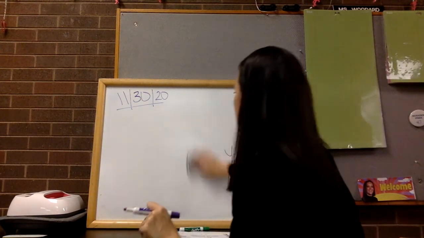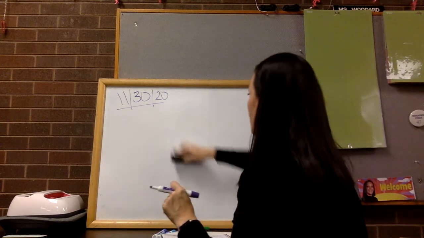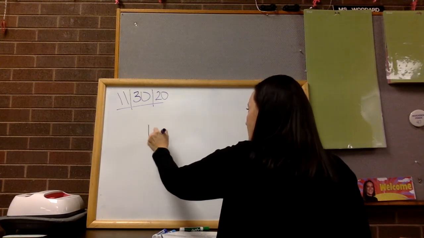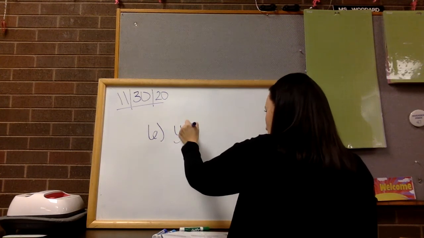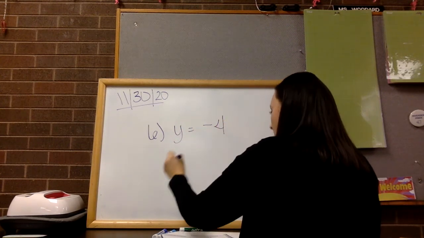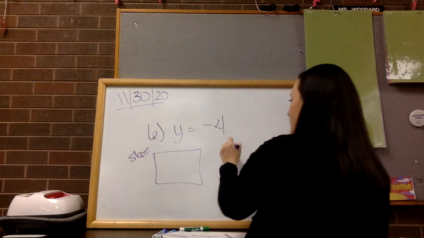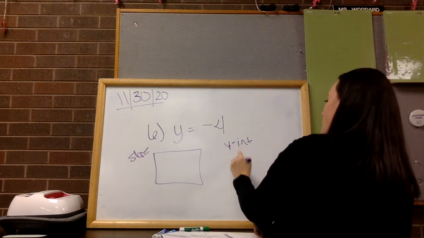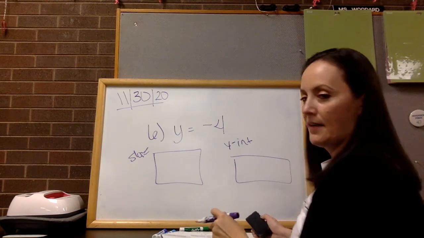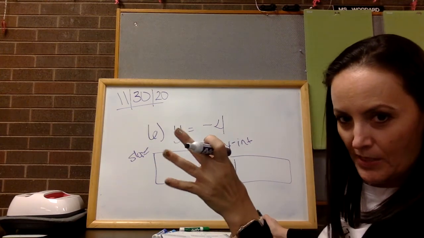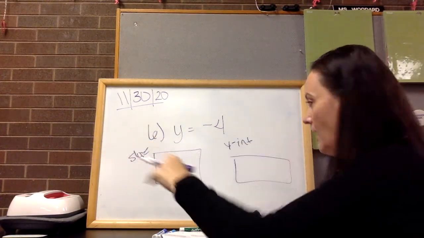All right, number 6. Number 6 looks like this: y equals -4. Okay, so this is a tricky one. Here's my slope. Y-intercept over here. This doesn't have an x in it. The x disappeared. So remember the x disappeared. We're talking about a horizontal line.